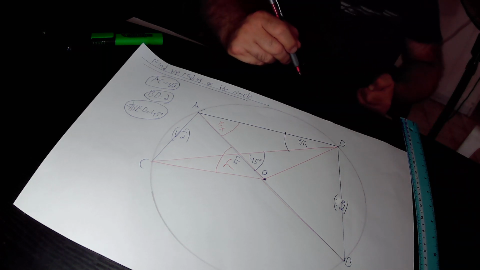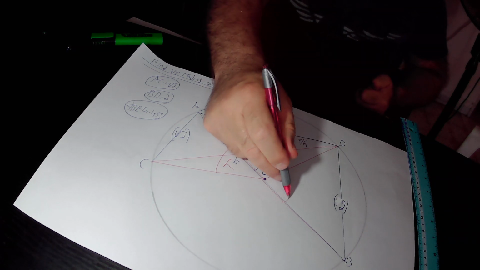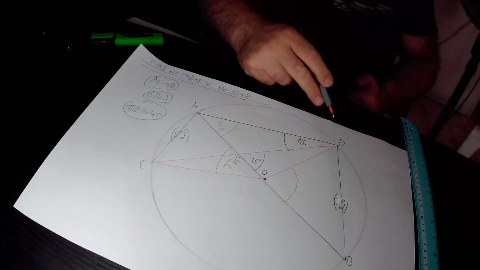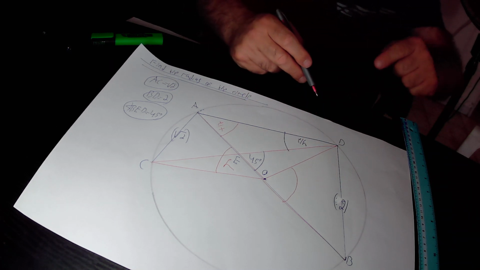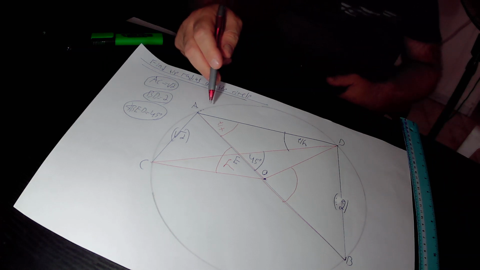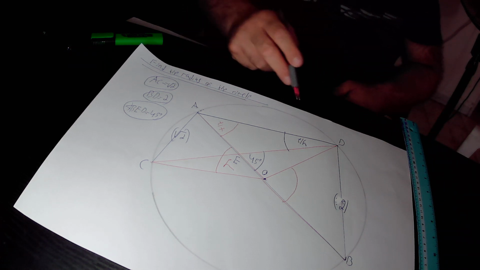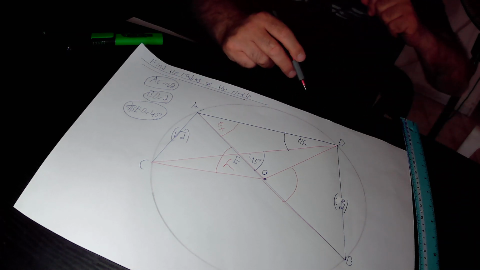By doing this construction, we create central angle DOB. This central angle DOB is subtended on chord DB, exactly like this peripheral angle DAB that is also subtended on the same chord DB.